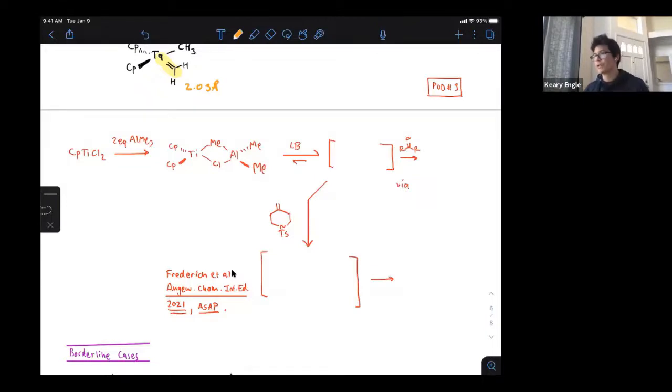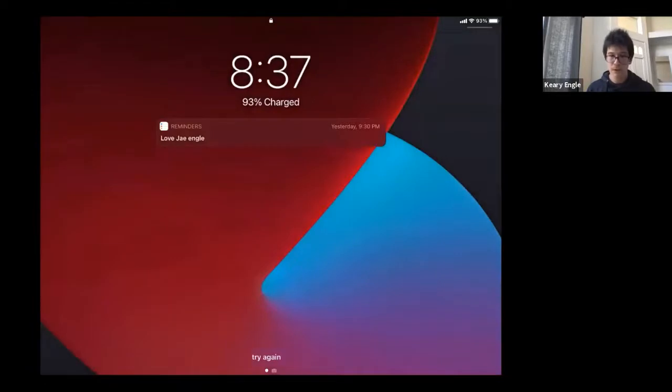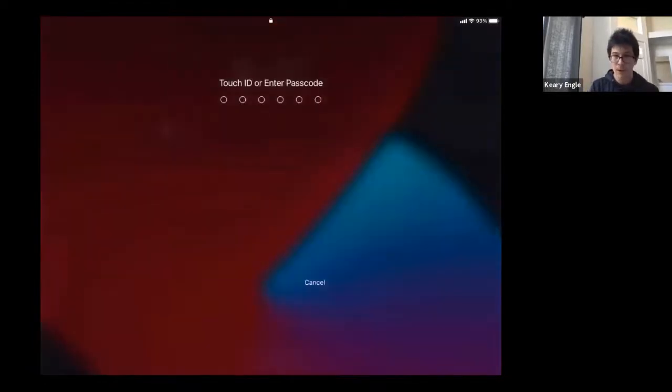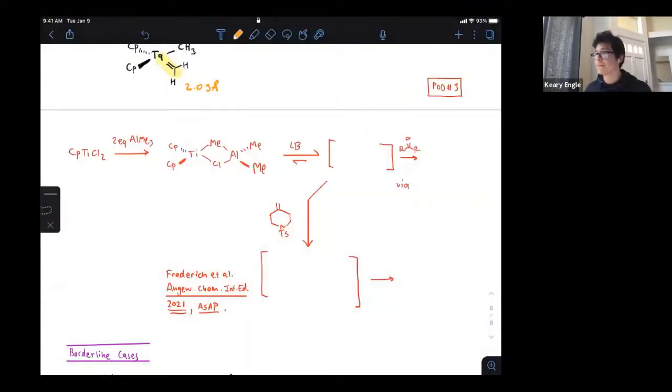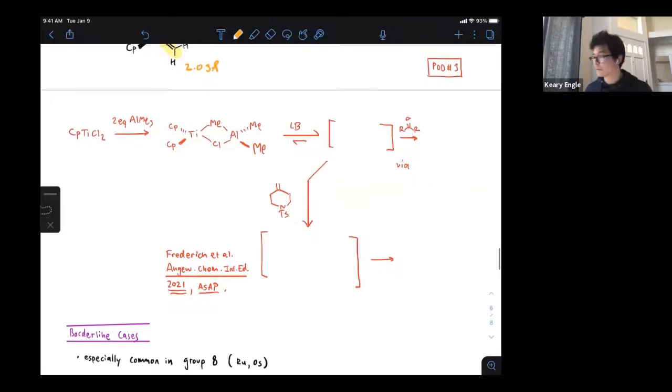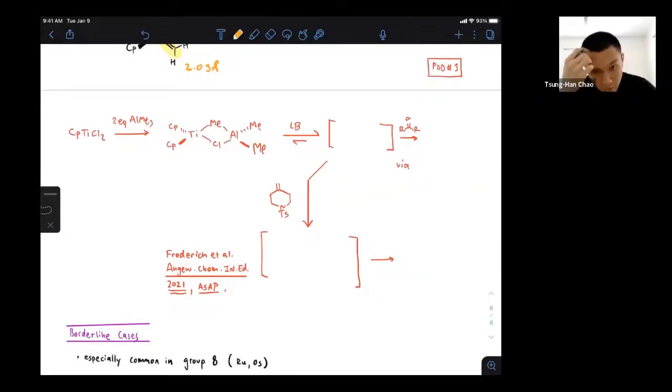The point of the Lewis base here is to break up this aggregate. So the question, I guess, is what is it going to be broken up into? Anybody want to jump in with an assist for Seung-Han? Is that a titanium carbene?